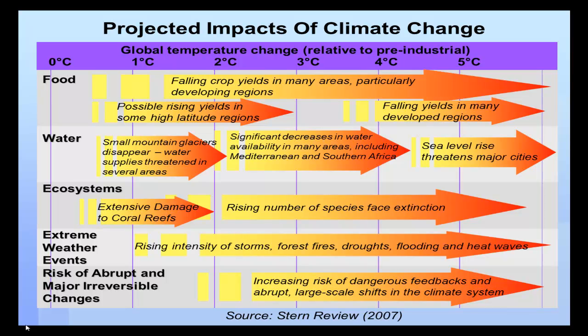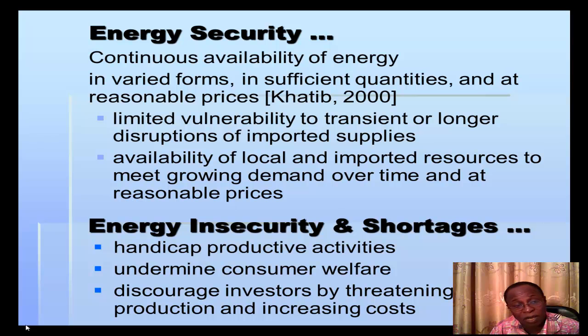You're getting deserts that are increasing in size, irreversible processes. And therefore, beyond 2 degrees centigrade, there's grave concern that we could cause irreparable damage to the globe. That's also further underpinning the drive for renewable energy forms that do not emit significant greenhouse gases, and therefore have a benign effect on the global climate.